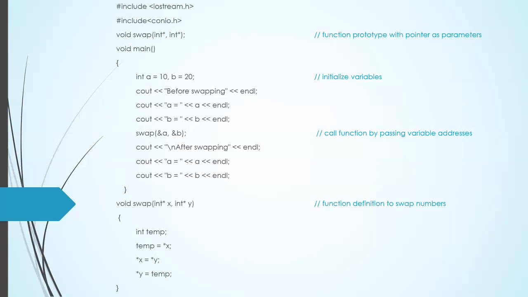Here changes in values are done because both formal and actual arguments are referring to the same memory location. So changes in formal arguments will affect the actual arguments and vice versa.